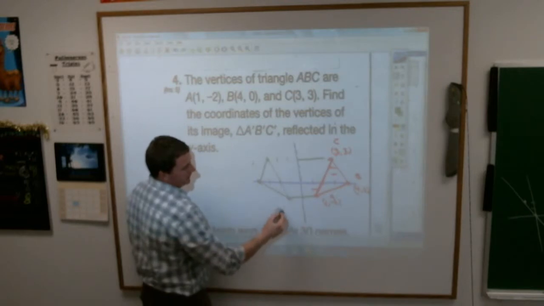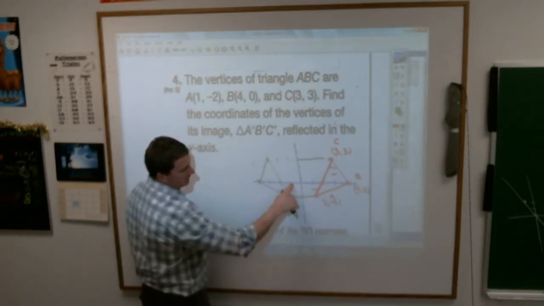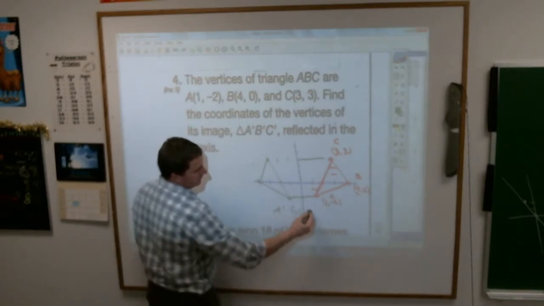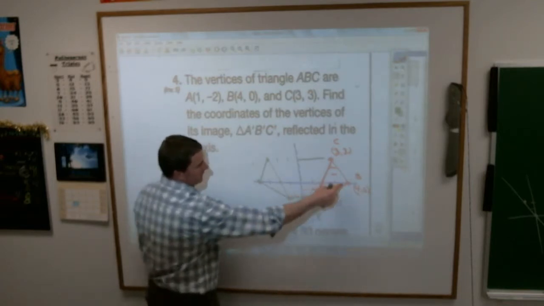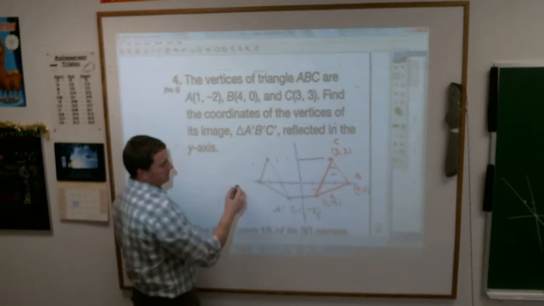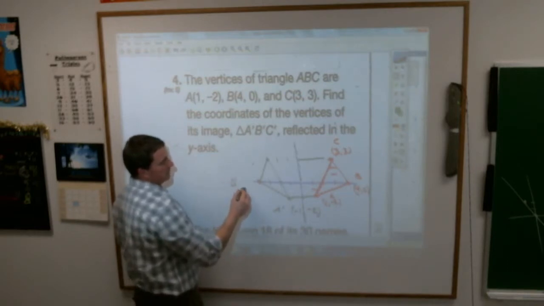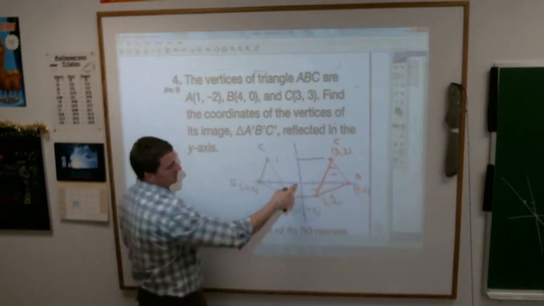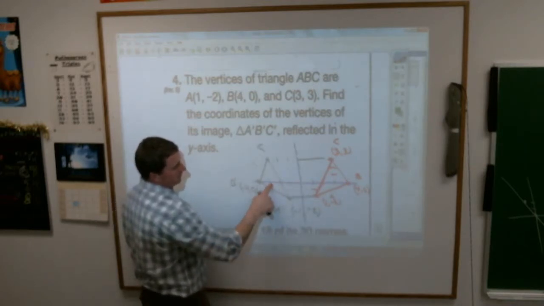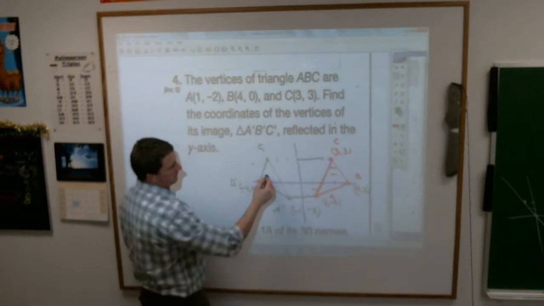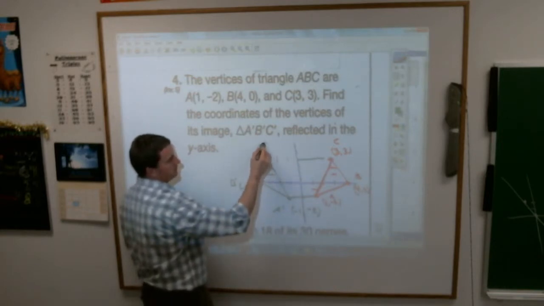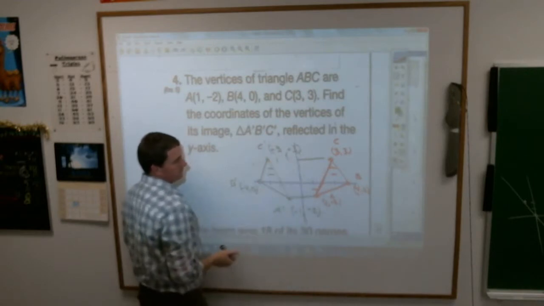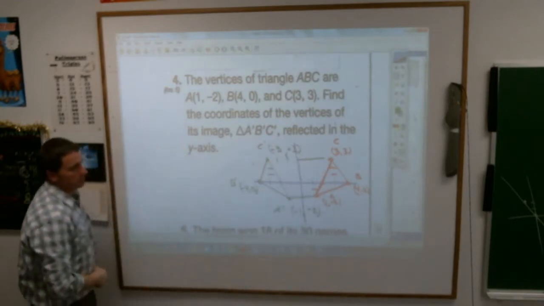Well, A prime is -1, -2. B prime, still on the x-axis, is -4, 0. And C prime is going to be -3, 3, because it's 3 up. And those are the coordinates of those points.